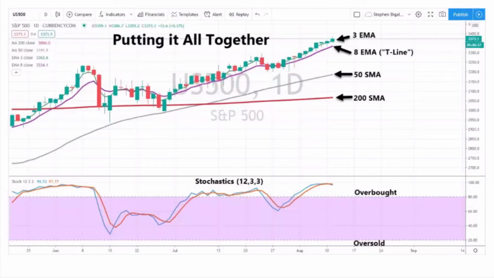So when you combine that with the T-Line, you've got an extremely powerful combination of what price moves are going to be doing.